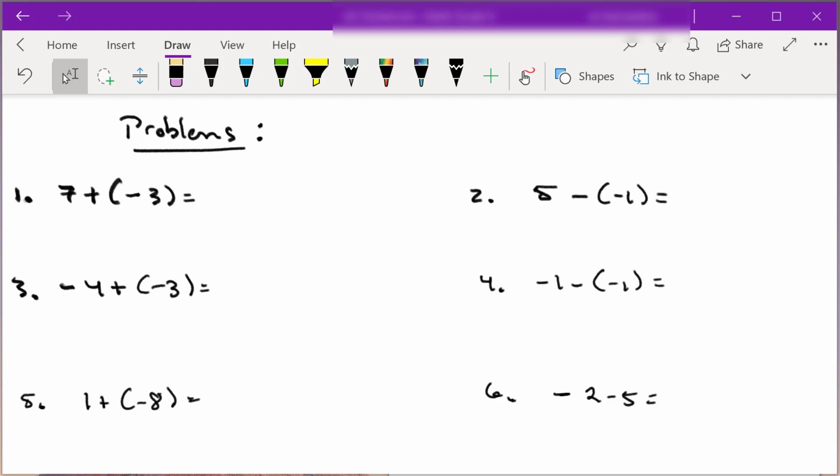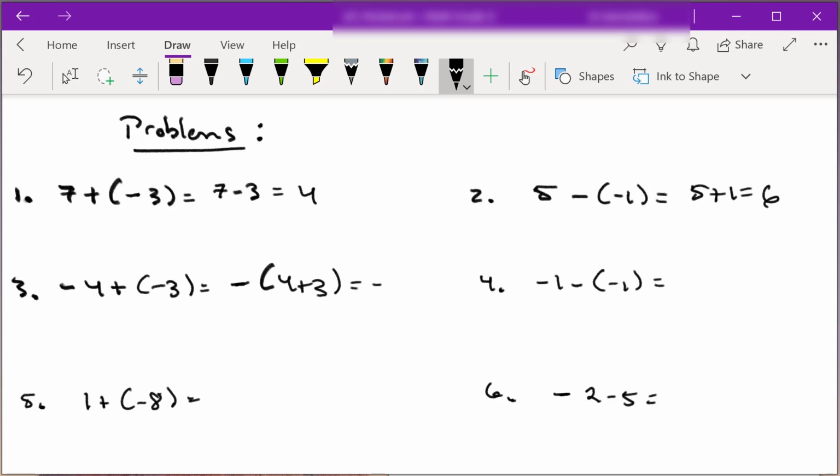7 plus negative 3 can be written as 7 minus 3, which is just 4. 5 minus negative 1 could be rewritten as 5 plus 1, which is 6. Minus 4 plus negative 3 can be rewritten as minus 4 minus 3, which is minus 7.